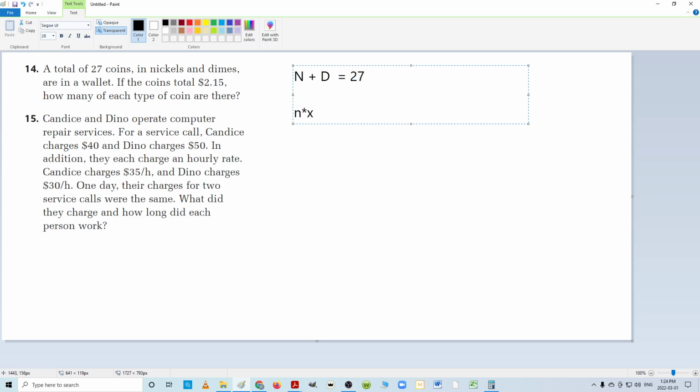Let's call it X. So there's 27 of them. That's interesting. So I also know if I add up all the X's and the Y's, they're going to add up to 215.